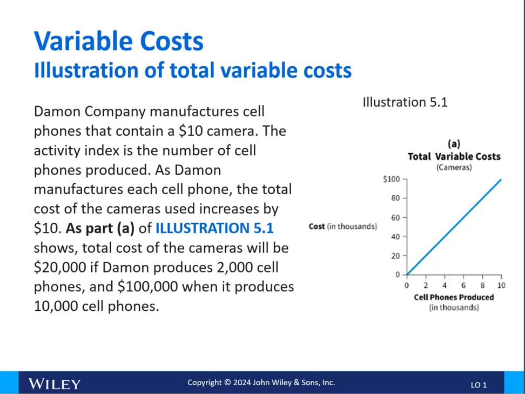So if we look at the illustration to the right, we have a graph that shows that the total cost of the cameras will be $20,000 if Damon produces 2,000 cell phones, and $100,000 when it produces 10,000 cell phones. Okay, so as you produce one more cell phone, you get $10 more of cost, and that's just the direct variable cost.